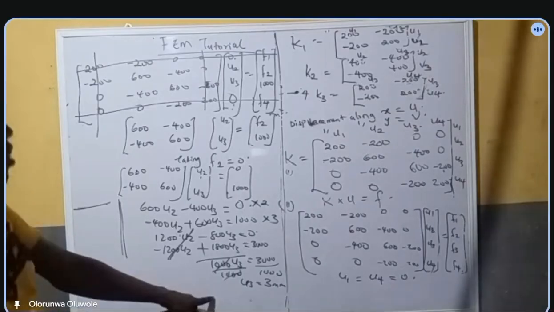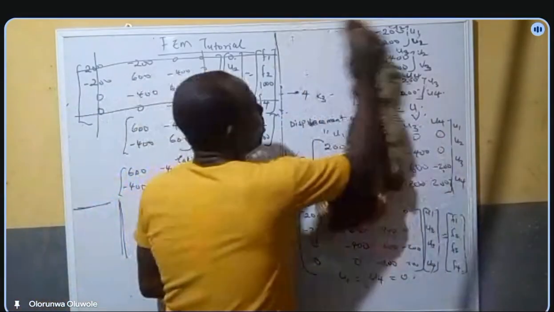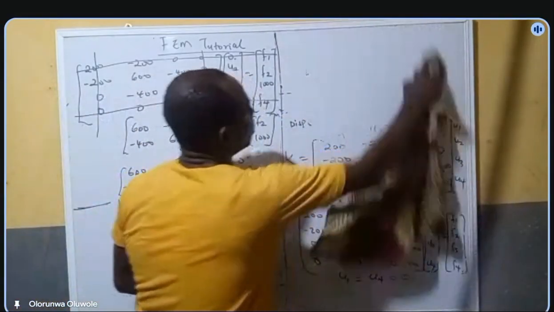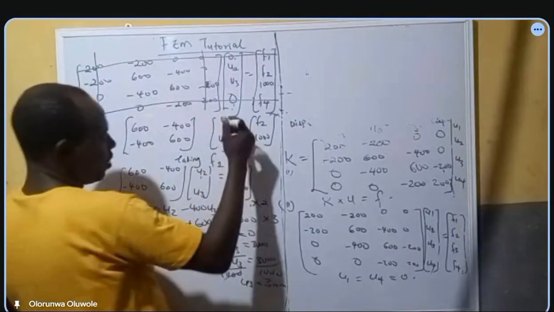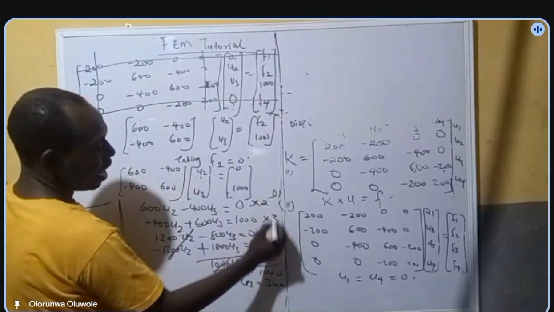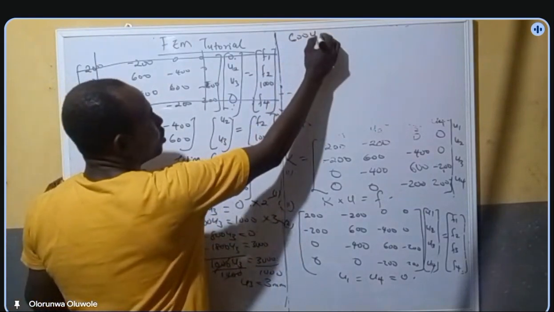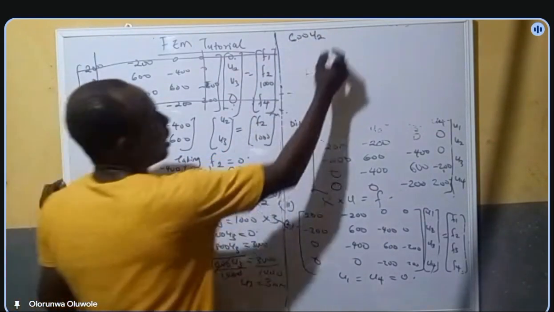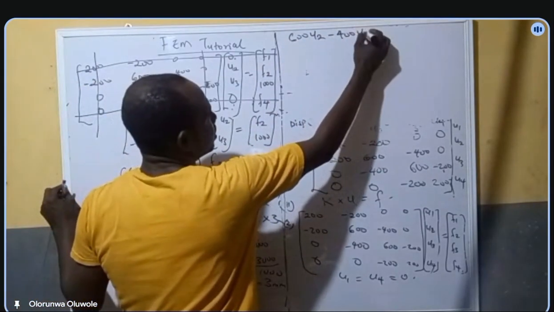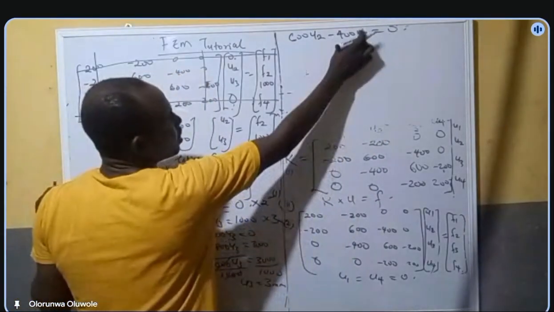Now, just to find your U2, substitute U3 into any of the equations, either equation 1 or equation 2. Let's take equation 1. I call this one equation 1. I call this one equation 2. So my equation 1 is 600 U2 minus 400 U3 equals 0. I've gotten U3 to be 3. I want to put it here.